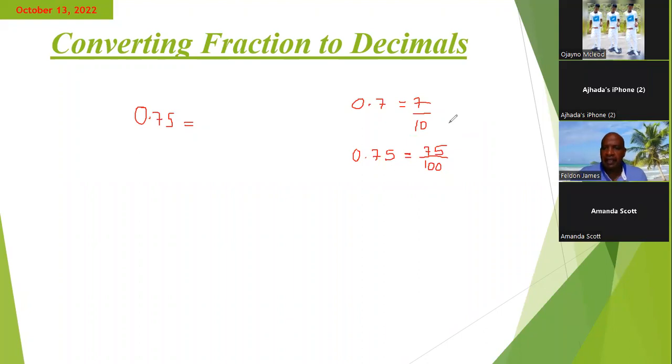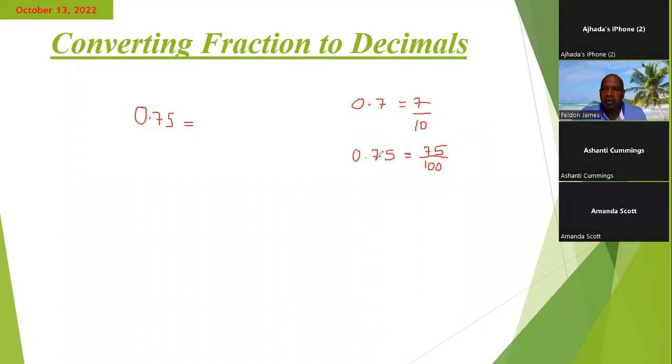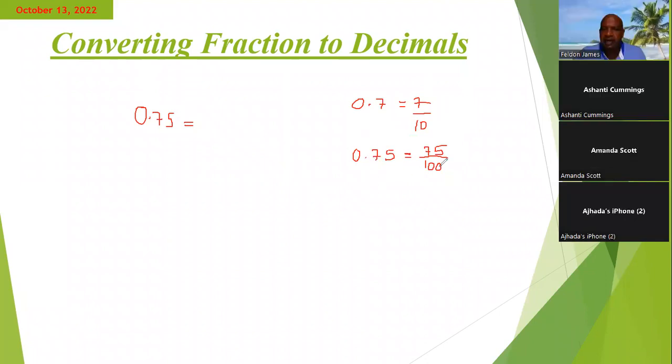Okay. All right, let's just look at the second scenario now. Down here we have two digits after the point. And that number of digits will tell you how many zeros you have in the powers of 10. So two digits after the point means we have 2 zeros in the powers of 10.